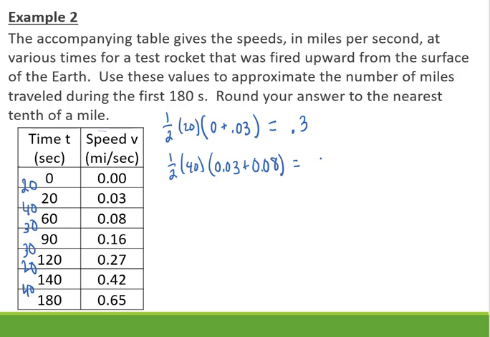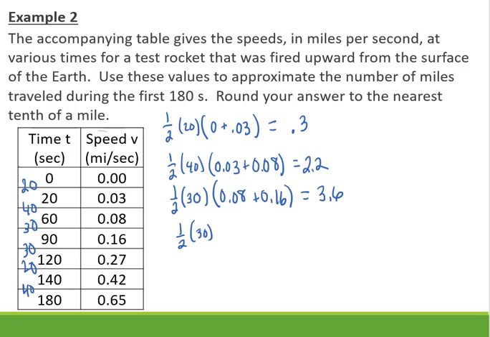So I'm doing my trapezoidal approximation for each one of these individually. So again, you can't use the shortcut here because my delta x is different for each one.